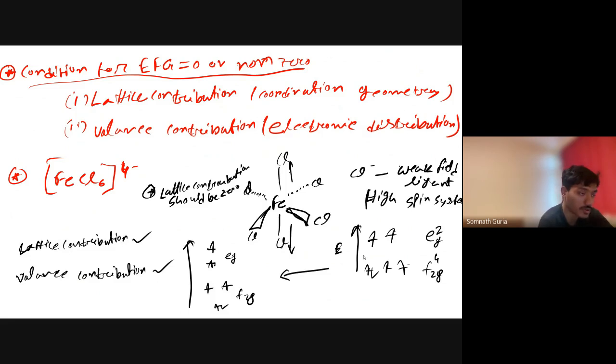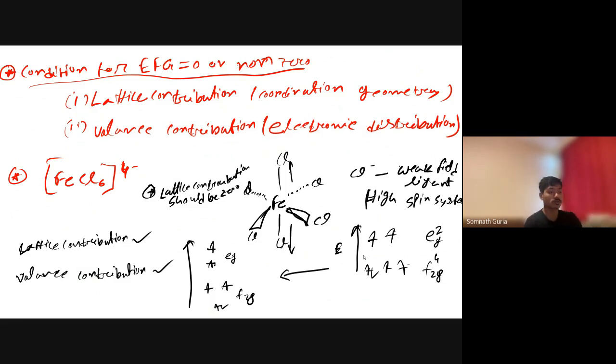One is the iron hexaaqua system, where the iron is iron 2. It is a high-spin system, and the lattice contribution will be there because of the Jahn-Teller distortion, so all the axial Cl bonds will have different lengths. On the other hand, the valence contribution will be there because the electronic distribution is different, and the EFG will be non-zero.